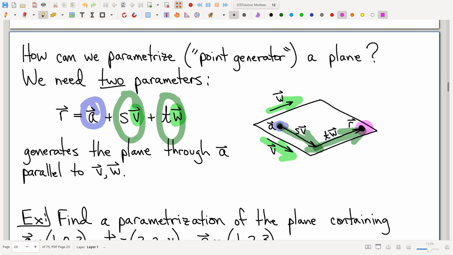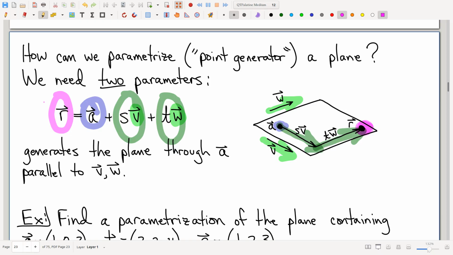So this point R there, generated by that formula, will always be in the plane. And furthermore, if V and W are independent, this construction will generate the entire plane.